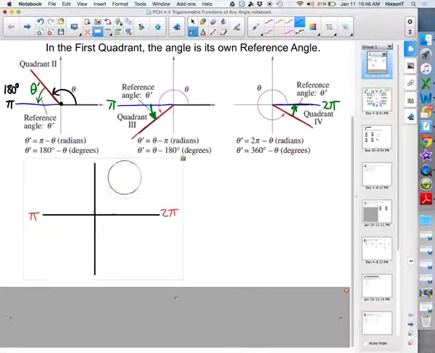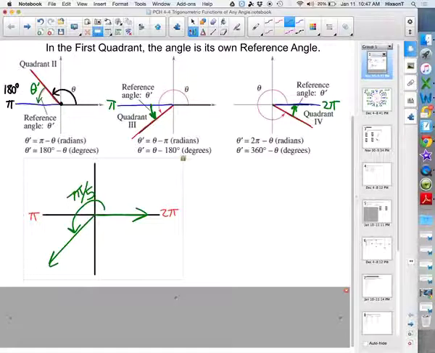All right, let's try some with radians. Let's say we've got 7 pi over 5.